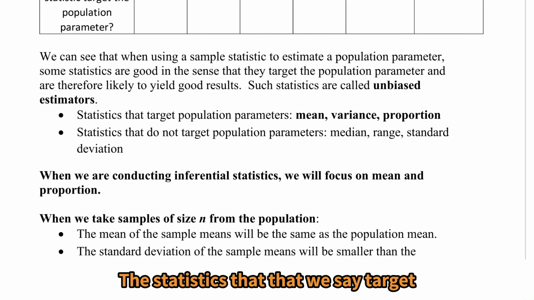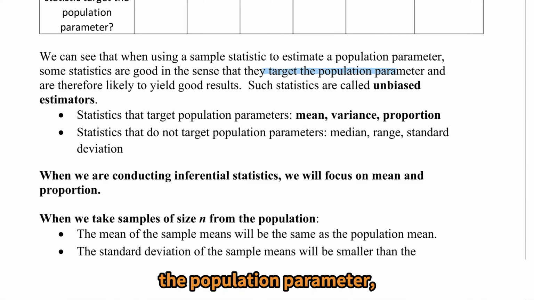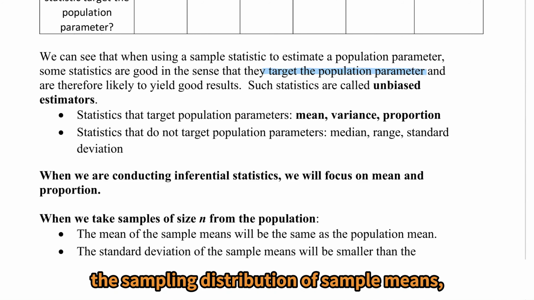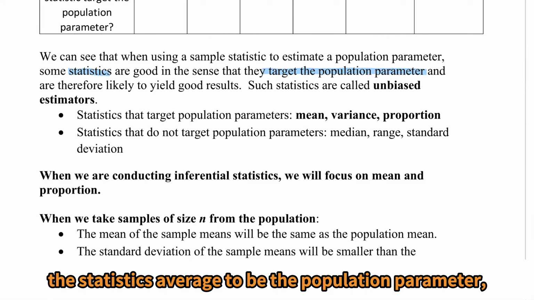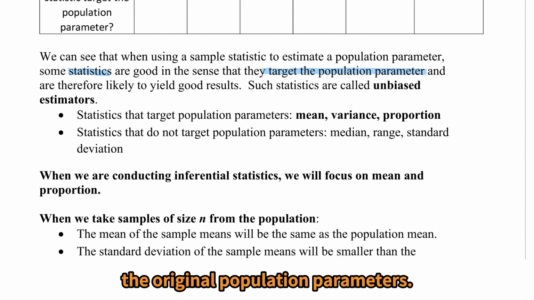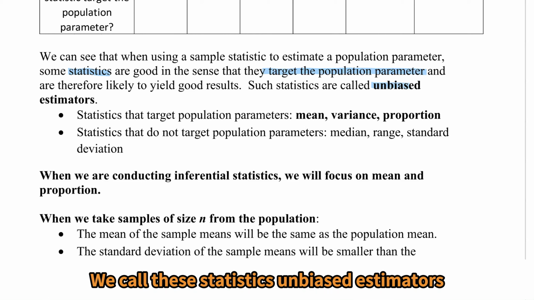The statistics that we say target the population parameter, that means that when we find this sampling distribution of sample means, the statistics average to be the population parameter, the original population parameters. We call these statistics unbiased estimators.